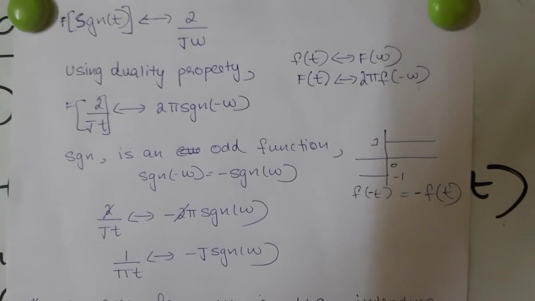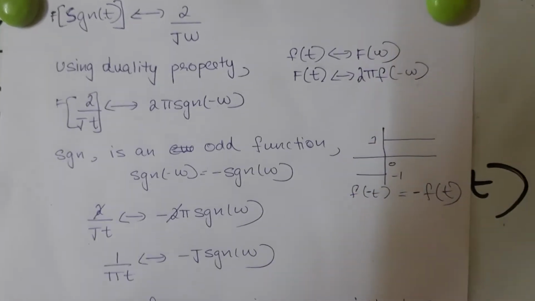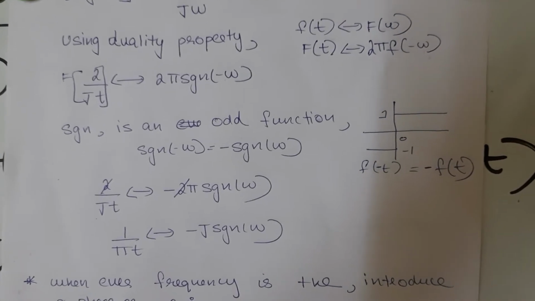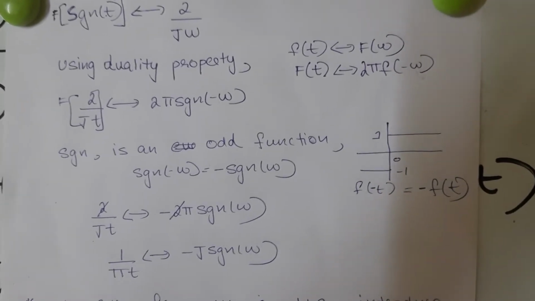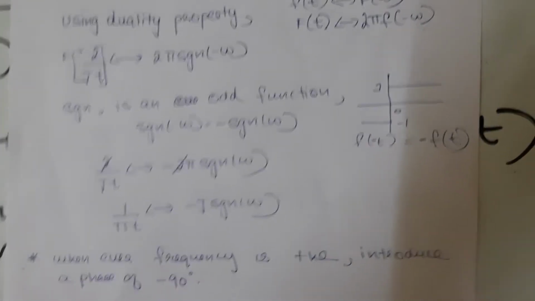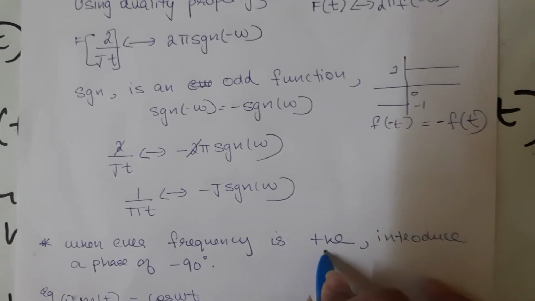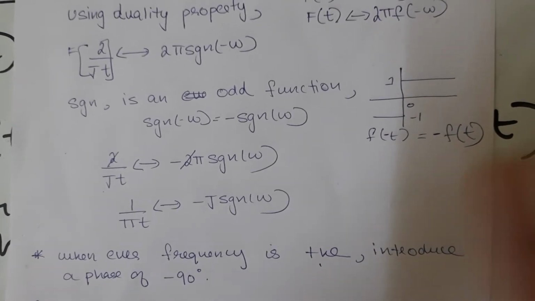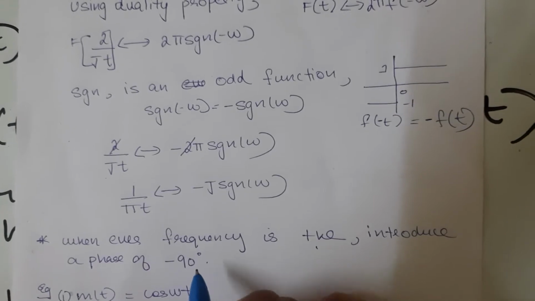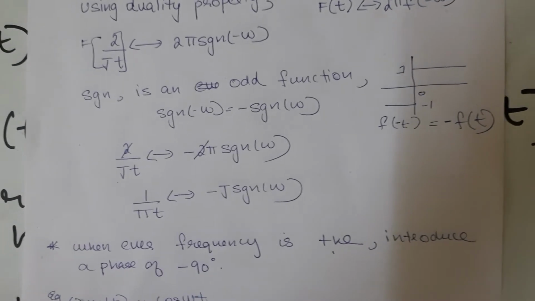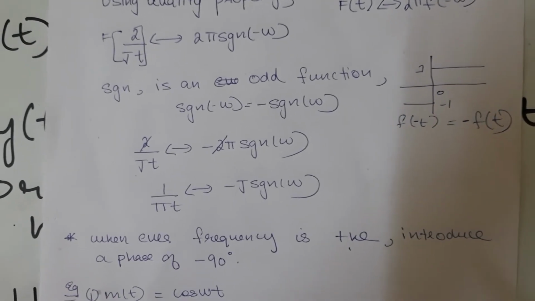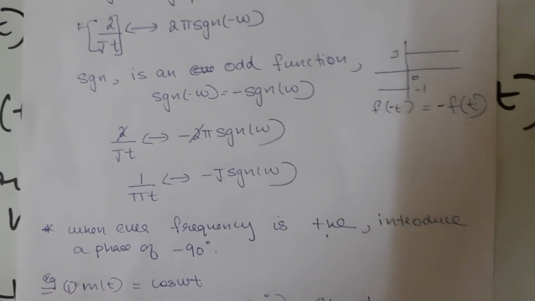Now, there are two important things to remember in Hilbert transform. What are they? Whenever your frequency is positive, in order to find the Hilbert transform, you introduce a phase of minus 90 degree. Let me explain this with two examples.